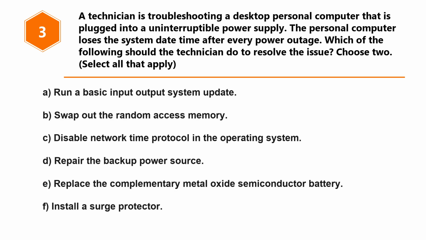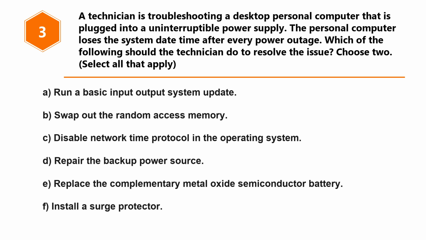Question 3. A technician is troubleshooting a desktop personal computer that is plugged into an uninterruptible power supply. The personal computer loses the system date and time after every power outage. Which of the following should the technician do to resolve the issue? Choose 2. Option A, run a basic input-output system update. Option B, swap out the random access memory. Option C, disable network time protocol in the operating system.